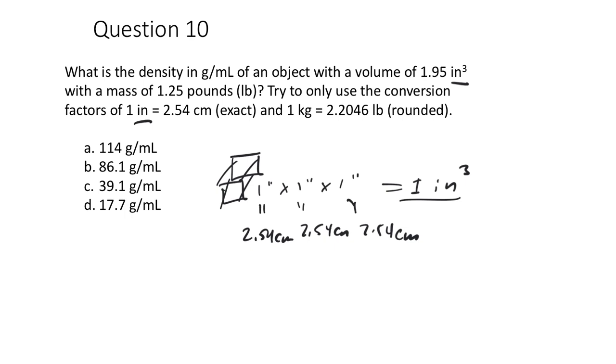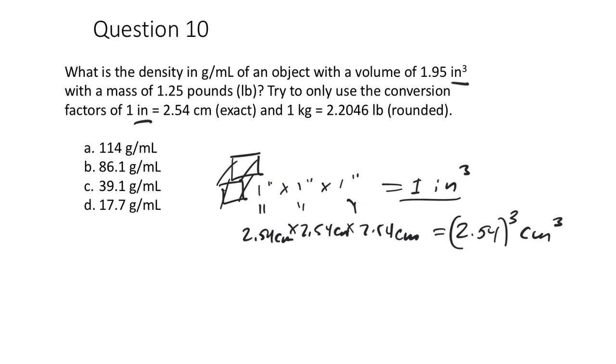So centimeters to inch is an exact definition, not 3 sig figs, but exact. So now my object in cubic centimeters is going to be equal to 2.54 cubed centimeters cubed. So 2.54 by 2.54 by 2.54 is 1 by 1 by 1 inch. I guess I'll work this out because I'm already putting it in my calculator.